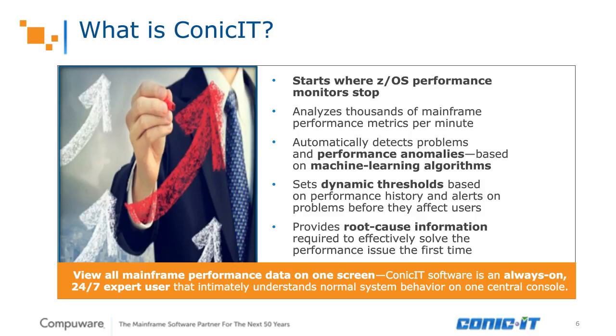So the easiest way to think about it is sort of a robot that has intelligence that's watching the existing monitors that you have that are monitoring what's going on in your mainframe at the application layer, and understanding that and trying to find whether or not the behavior of your mainframe is normal. So it acts sort of like a human. What it does is it learns the normal behavior of your mainframe and then tries to find anomalies.